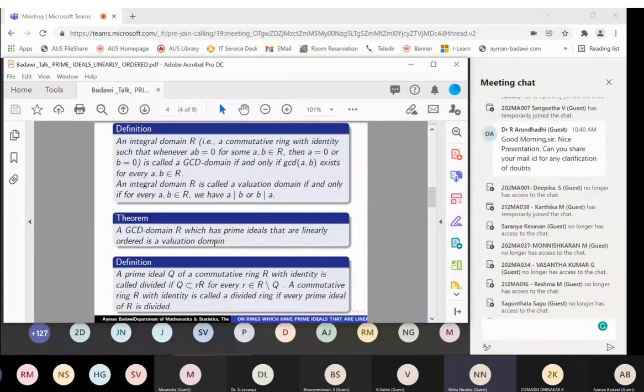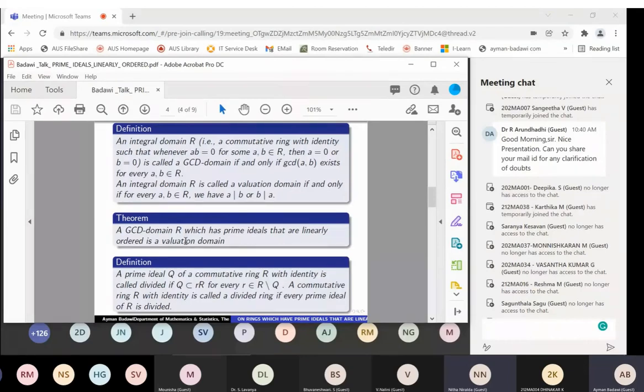So a sufficient condition for a GCD domain to be a valuation domain is for the prime ideals to be linearly ordered. Of course, they are, this is true in general.